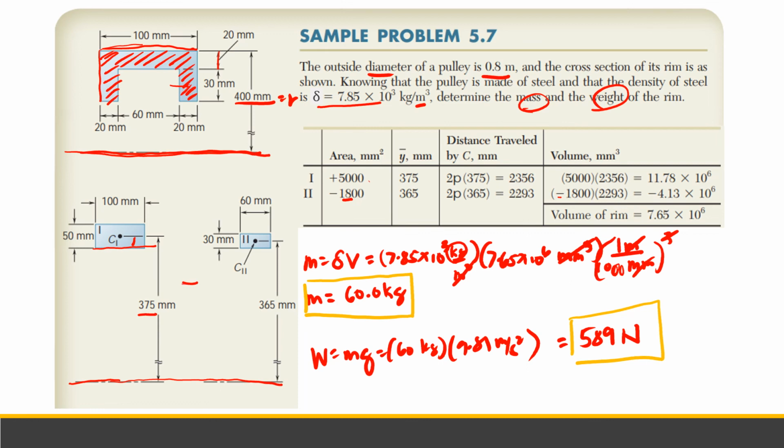Okay, so by applying the theorems, we can solve volumes and also yung weights, since weight is related to density. So in short, the theorems of Pappus-Guldinus offer a simple way to compute the areas of surfaces of revolution and yung volume ng bodies of revolution.